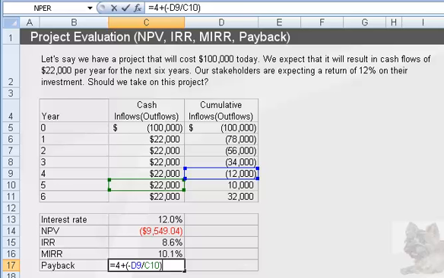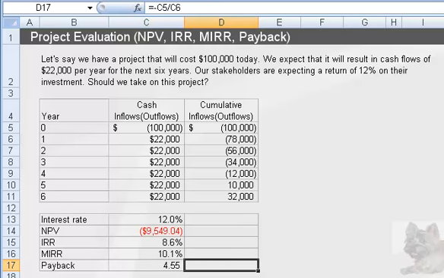Tells us what the payback would be. Now, the approach I've used here works when the cash flows are not exactly the same. By the way, if they're exactly the same, this approach works, where you simply take the 100,000 and flip the sign, because you want it positive, divided by the annual cash flow. And I come up with the same answer.